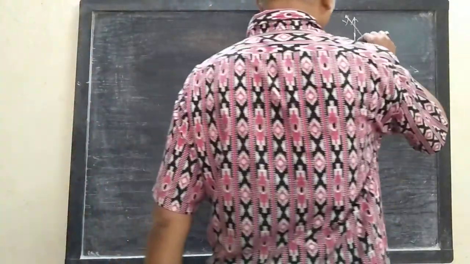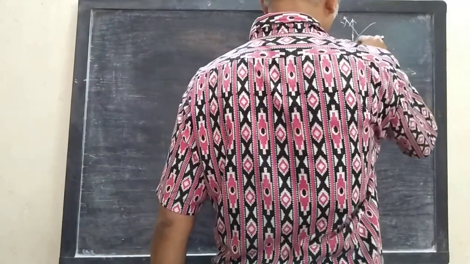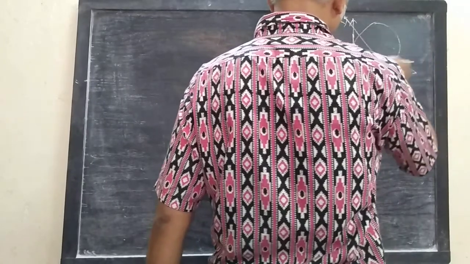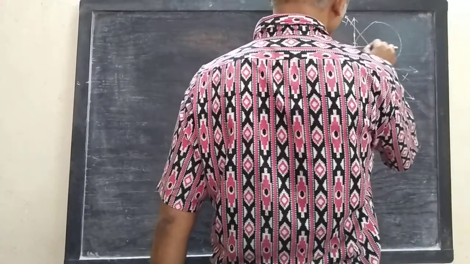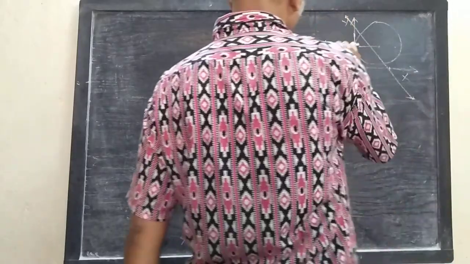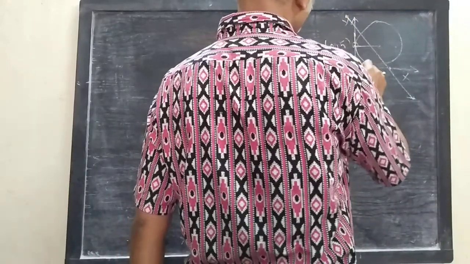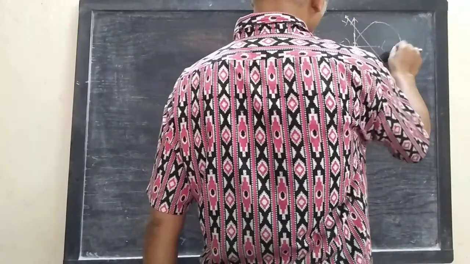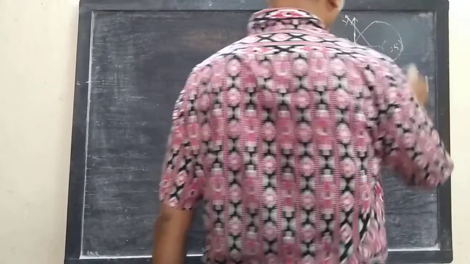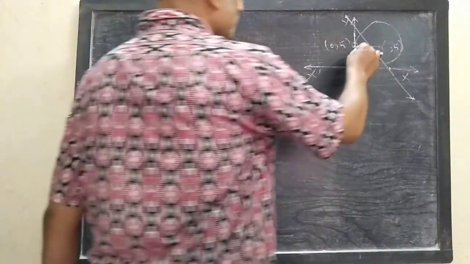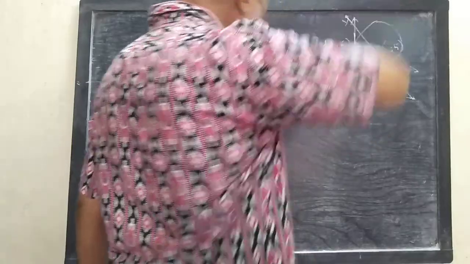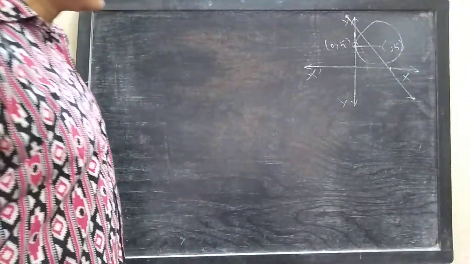Now, as the circle touches the y-axis at (0, 5), from this you can conclude that the ordinate of the center should be 5. Why? Because the radius is perpendicular to the tangent at the point of contact.